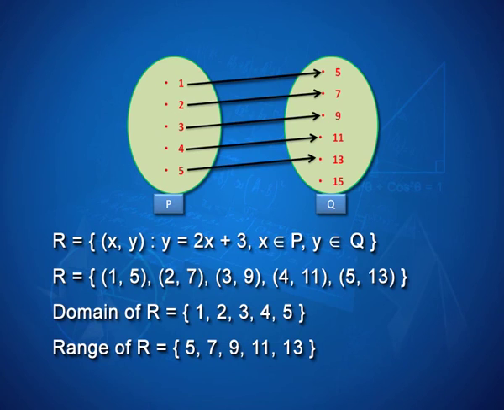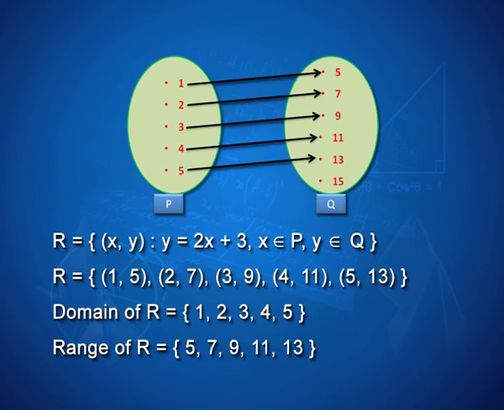Now, when you are asked to convert this to the set builder form, what you have to do is express this relationship in words. How is the second element in each of these ordered pairs related to the first element? What should I do to 2 to get 5, and the same trick to 3 to get 9, and to 4 to get 11, etc.? Nothing but multiply the first element by 2 and add 3.